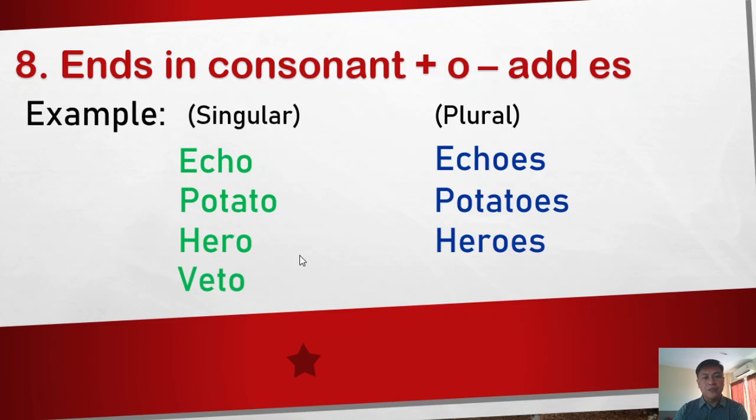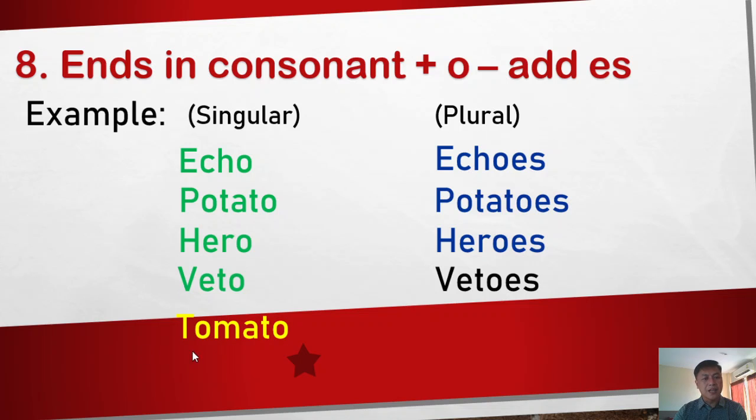Veto. Veto ends with T and O, consonant plus O. That becomes vetoes. Next will be tomato.